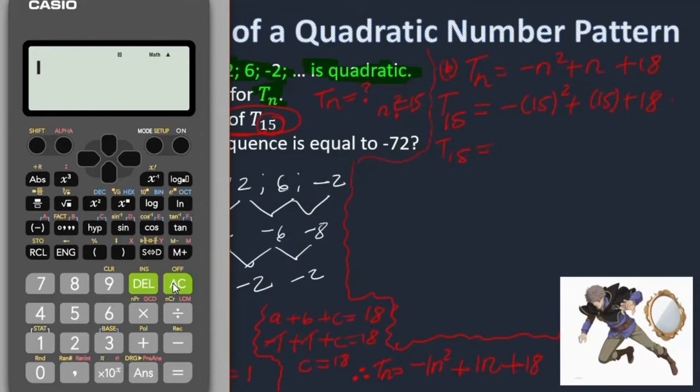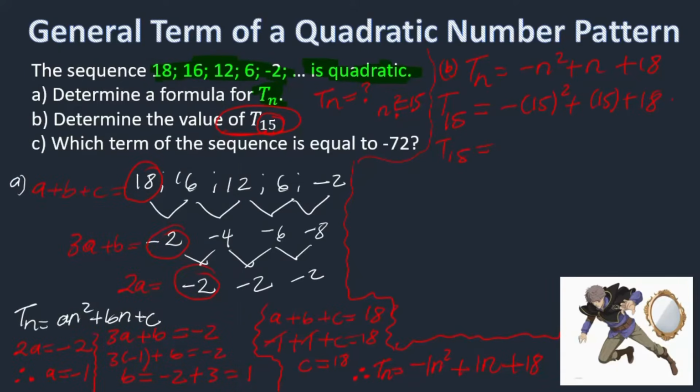So I just have to say -15 squared, plus 15, plus 18. That is -192. Right? Not too terrible at all. So the value of T15 will be -192.